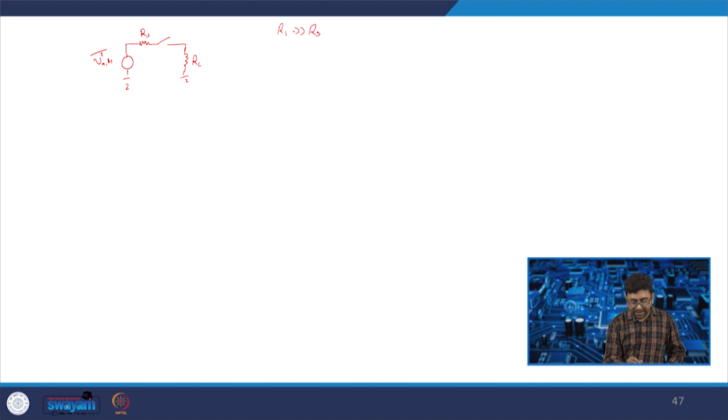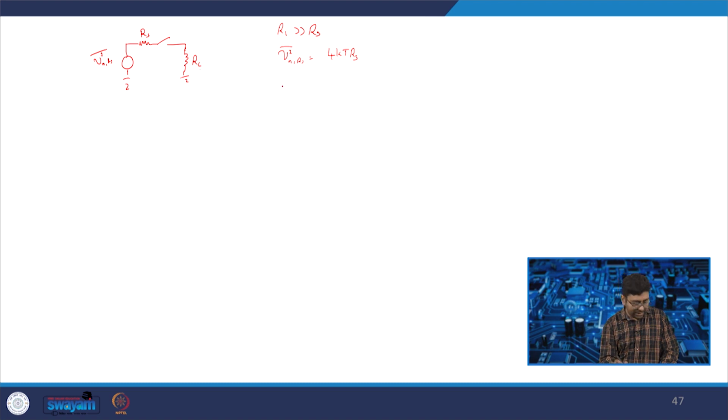Whatever noise is generated by Rs will be switched and supplied to RL. We have already seen the noise generated by Rs is given by 4 kT Rs, and this 4 kT Rs noise is divided into both the upper sideband and the lower sideband.